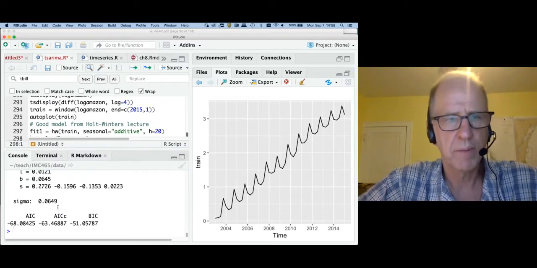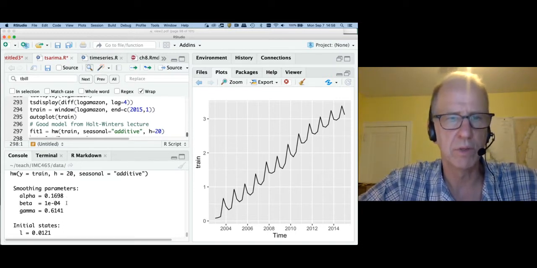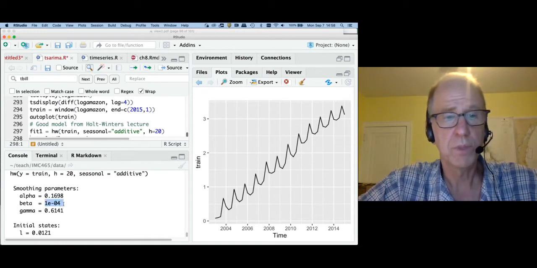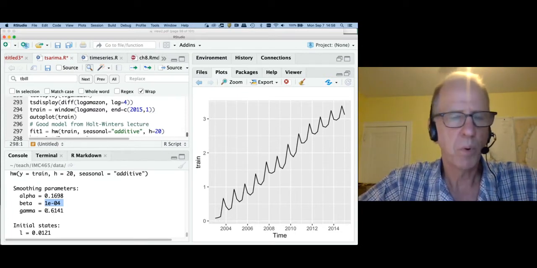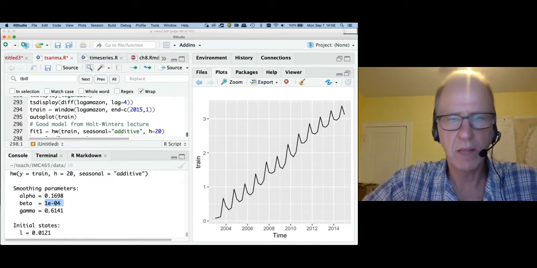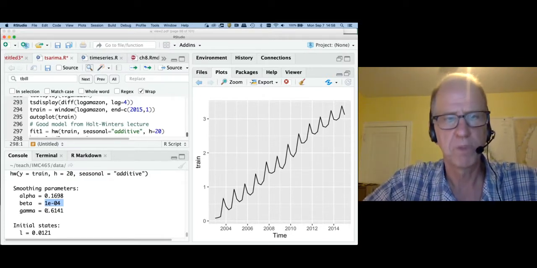If we look at the parameter estimates, we give about 17% of the weight to the most recent value when computing the level. The slope is pretty much constant over the entire range. So that very small beta value means we're giving about the same amount of weight for all changes in slope. The gamma of 0.6 is saying give a lot of weight to the most recent seasonal effect, less weight to previous ones.